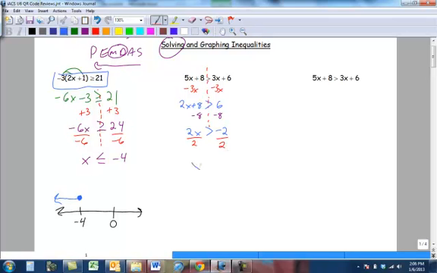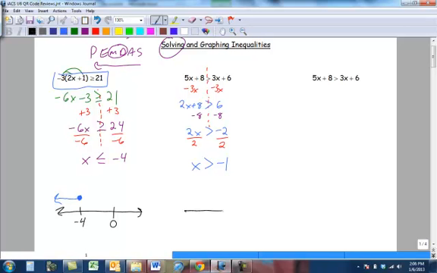And we get x is, now do I switch this symbol? This says -2 divided by 2. You only switch the symbol when you multiply or divide by a negative. This is not a negative, so we keep the symbol. -2 divided by 2 is -1.